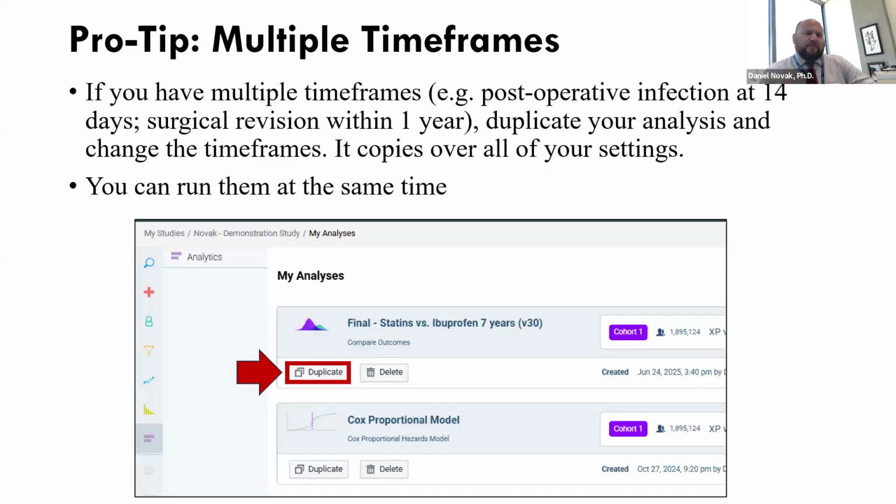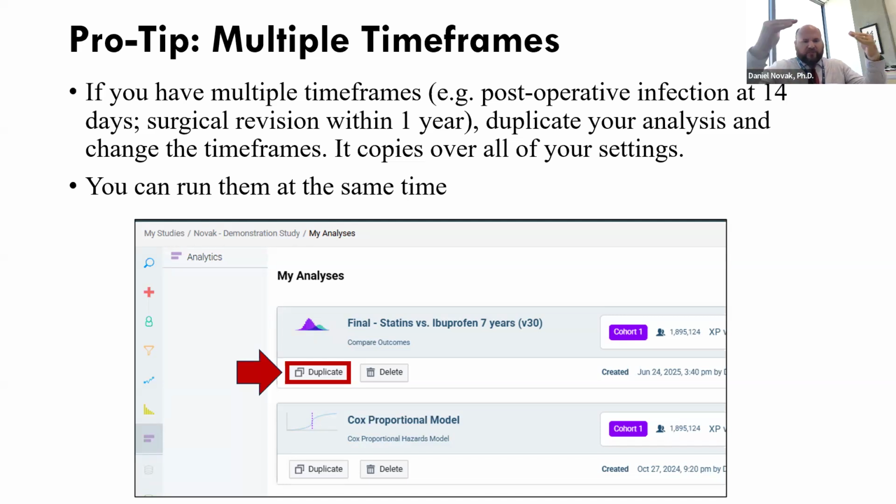Just a pro tip for multiple time frames is once you've set up maybe your lifetime one or whichever one is your kind of primary analysis, if you want to run multiple different ones, you can duplicate your analysis and change the time frame instead of having to take your analysis, run it once, copy out all the numbers, change the time frame, do it again.